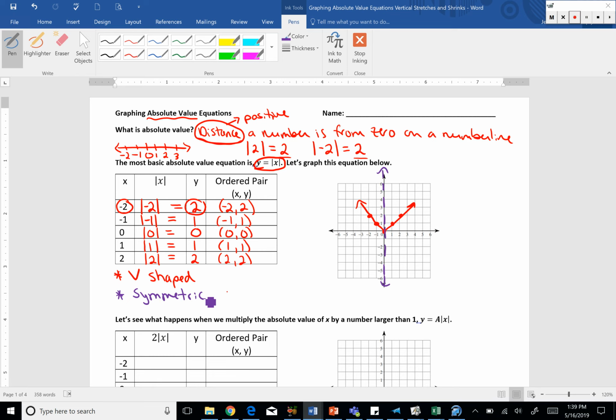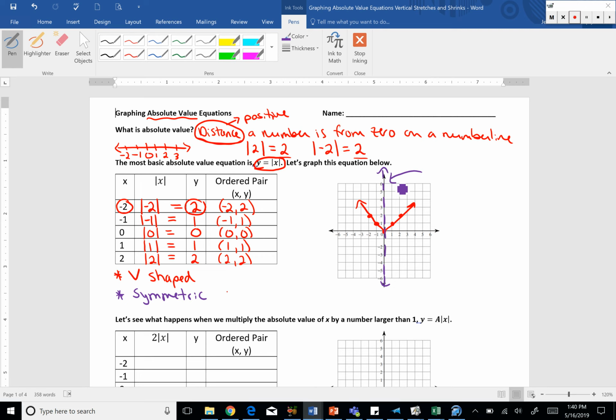Now, just a little technical language. We're not going to get super technical with things. But I know a lot of you are going to choose to take Algebra 2 at some point. When you choose to take Algebra 2, they like using more of the technical language at that level. So as we do things this year, I want to make sure you hear some of that vocab and that technical language. So when you hear it again later, you're like, oh yeah, Miss Golly said something about that.